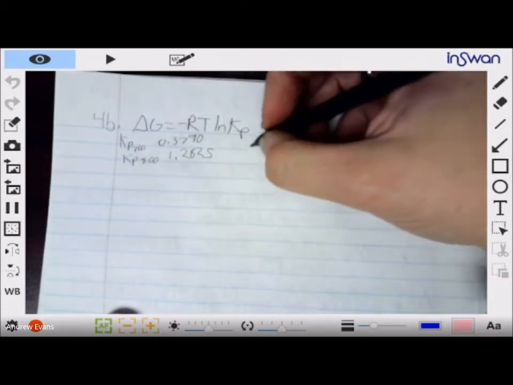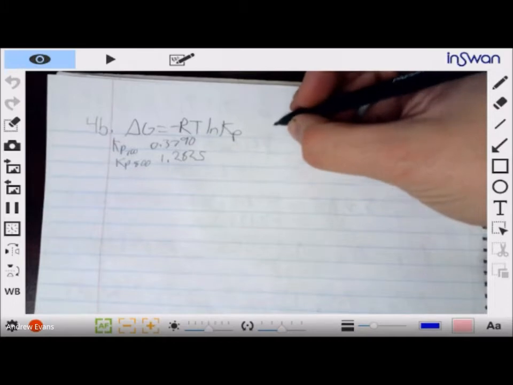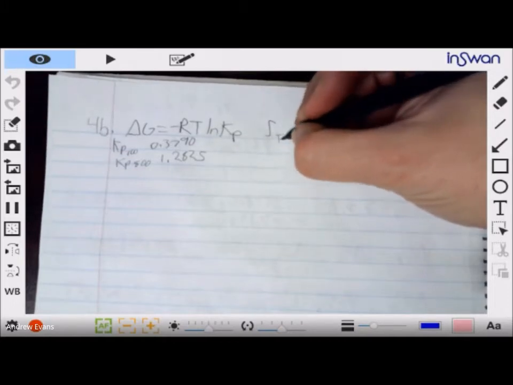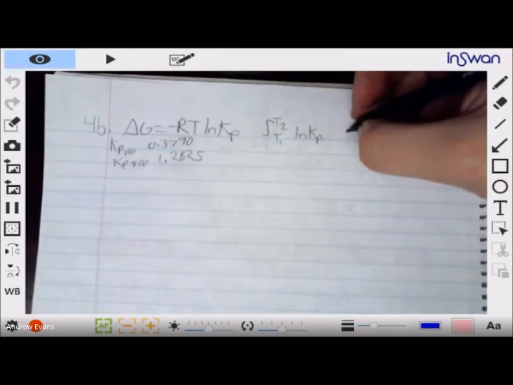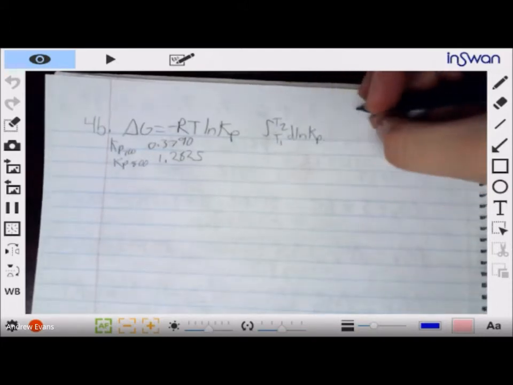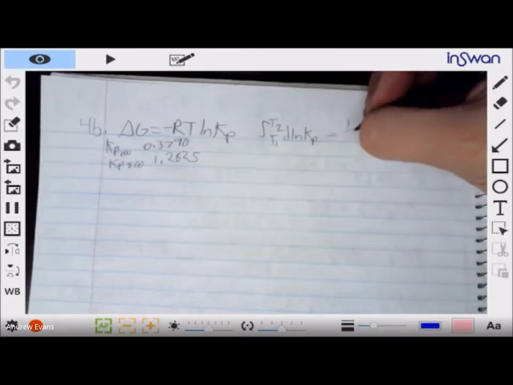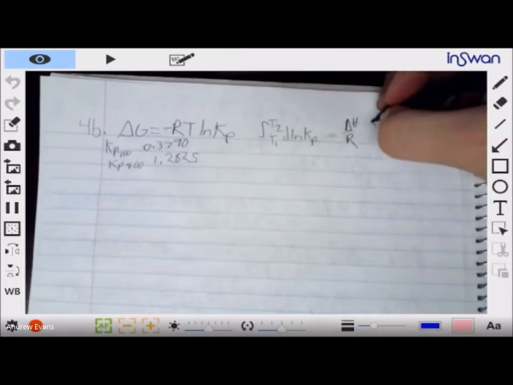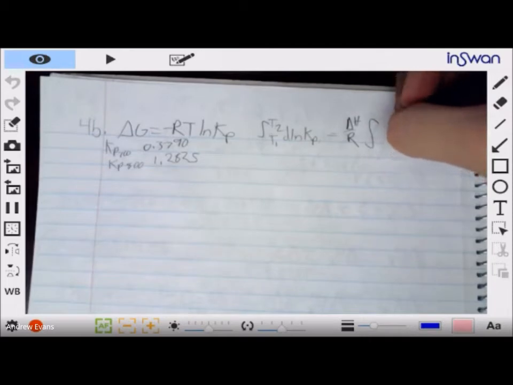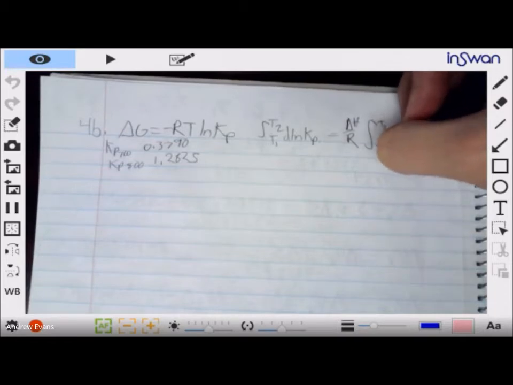So the other equation we'll need for this is that the integral from T1 to T2 of d ln Kp equals delta H over R times the integral from T2 to T1 of 1 over T squared dT.